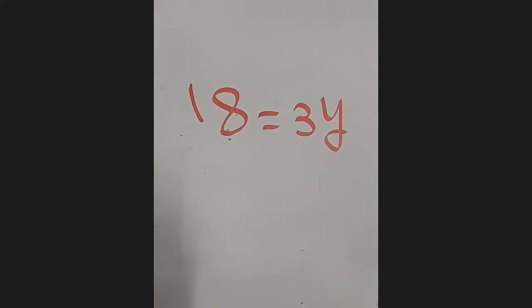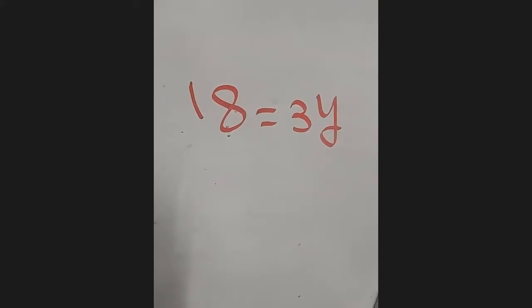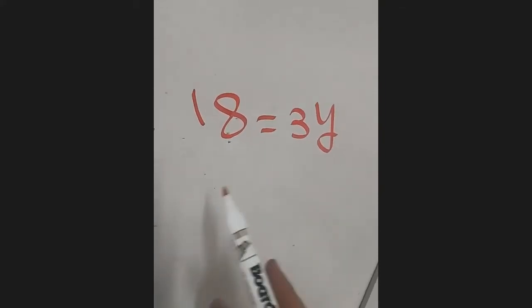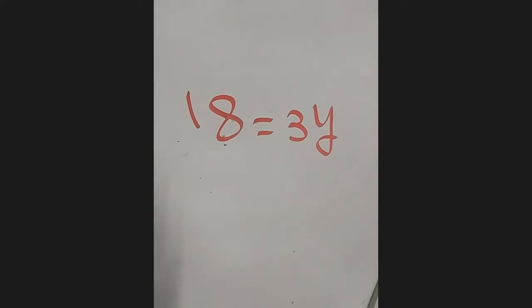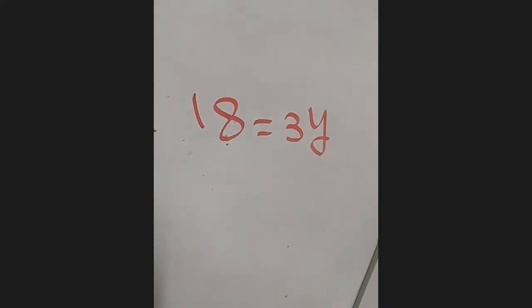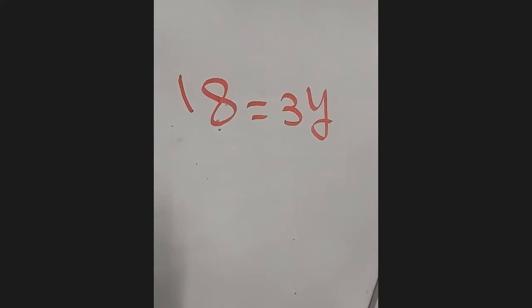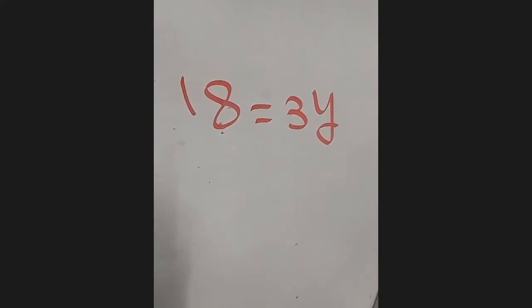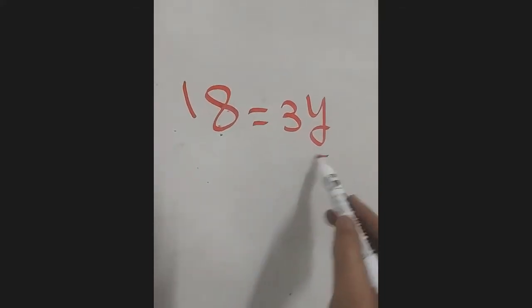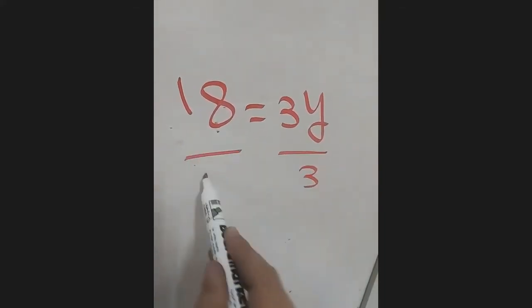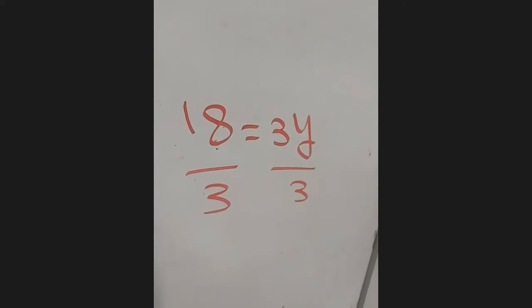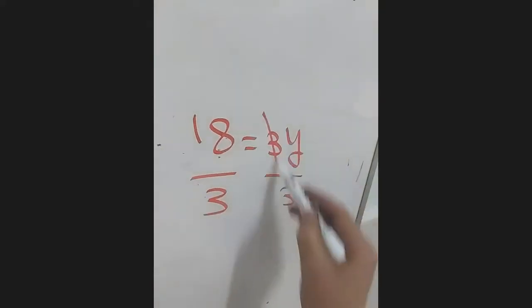Mr., I don't see. See, 18 equals 3y. How do we solve it? We divide. The coefficient is 3. Yes, in both sides. Look here. Divide by 3, divide by 3, right? Now the 3's are gone.